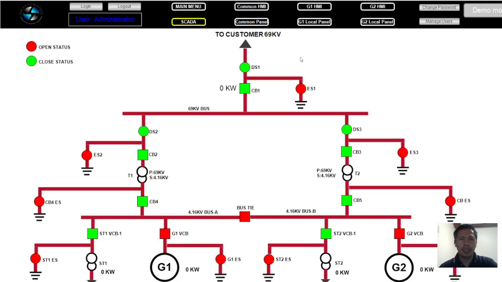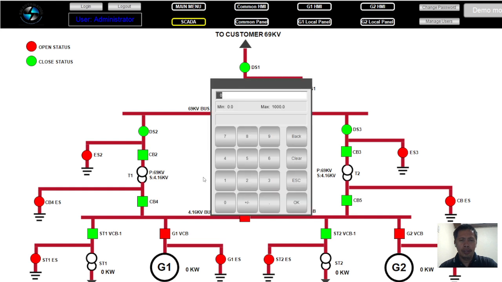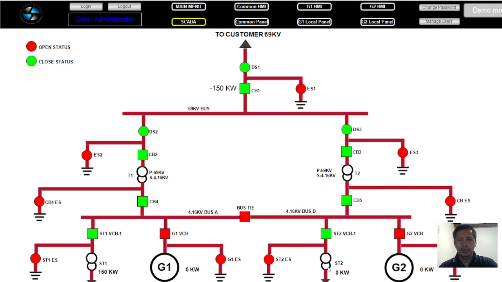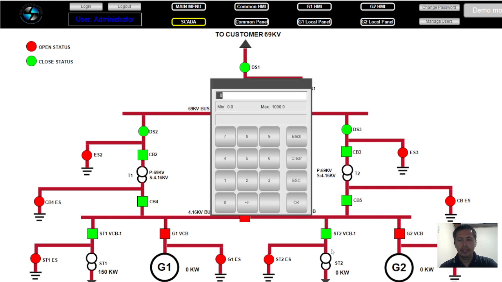So back to the SCADA, as we can see, the station service for generator 1 is now live, and for generator 2 it is live. So assuming we have a 150 kilowatt station service here, also here a 150 kilowatt station service.